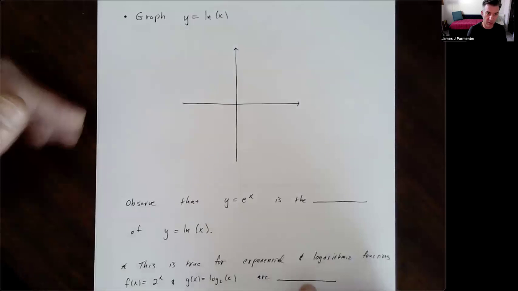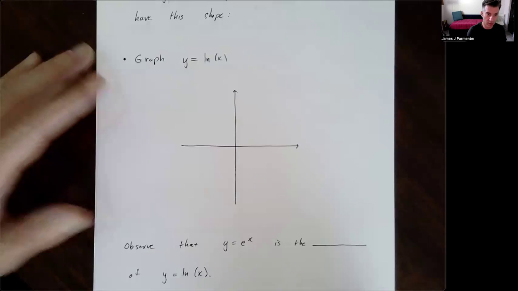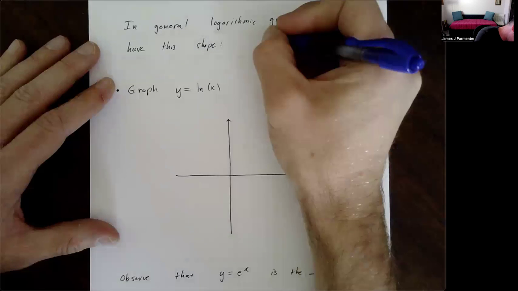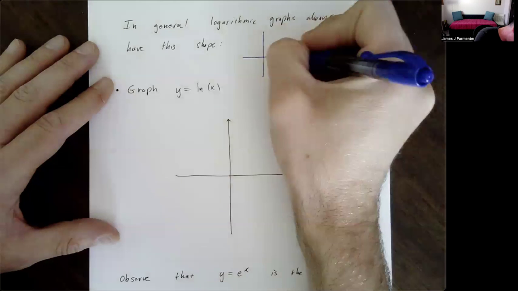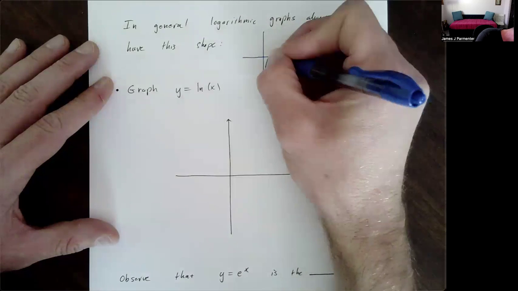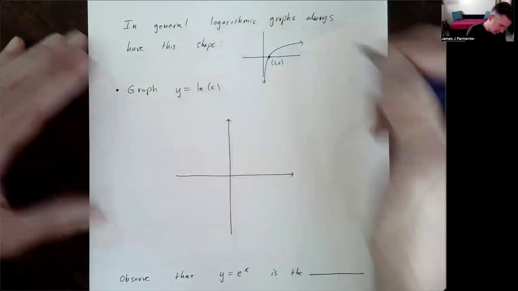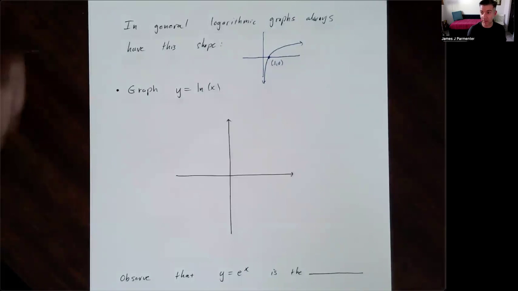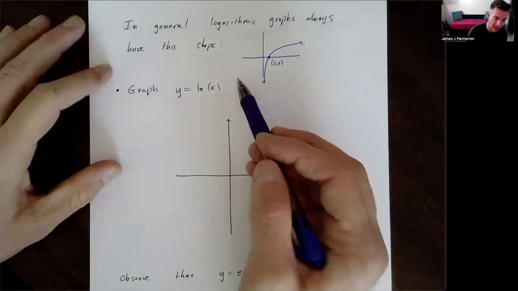So just like I was saying before, in general, logarithmic functions always have this usual shape: a vertical asymptote, going through the point 1, 0, looking like that. And then just like before, when we graphed e to the x, now we're going to graph the natural log of x. And I'm really almost going to draw the same exact graph I just drew.